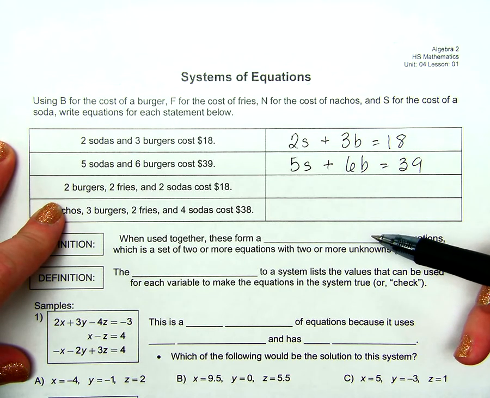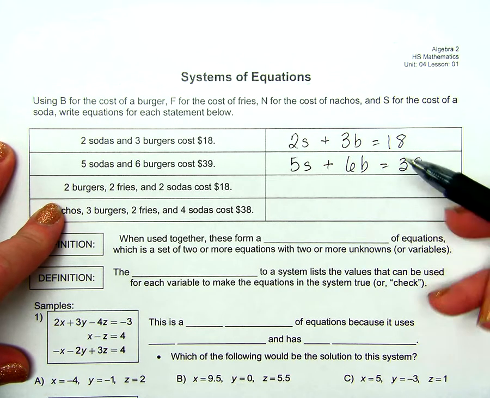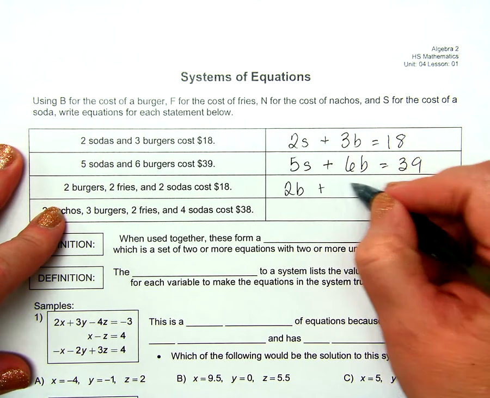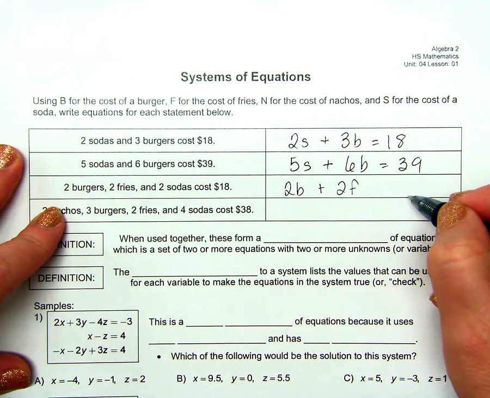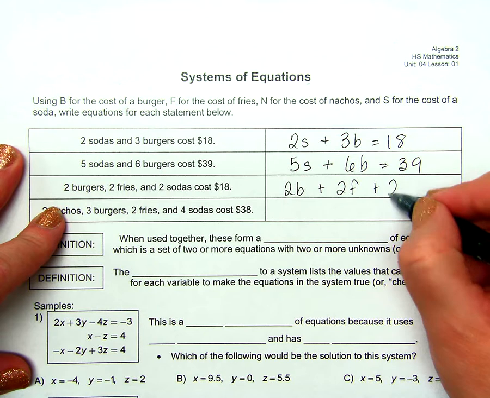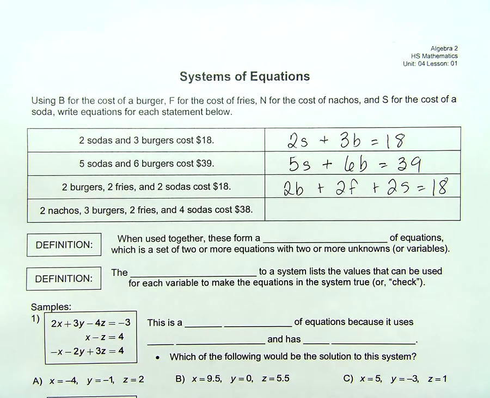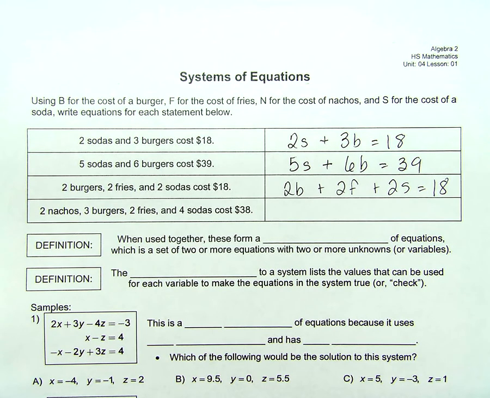Okay, then, why would you? Okay, well, I'll just write it how you say. 2B plus 2F plus 2S equals 18. And for the record, this is a little foreshadowing here. It does matter that you line up the variables. But I don't want to spoil it yet.